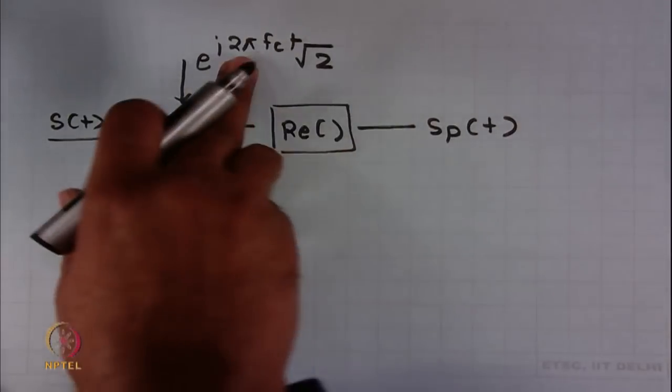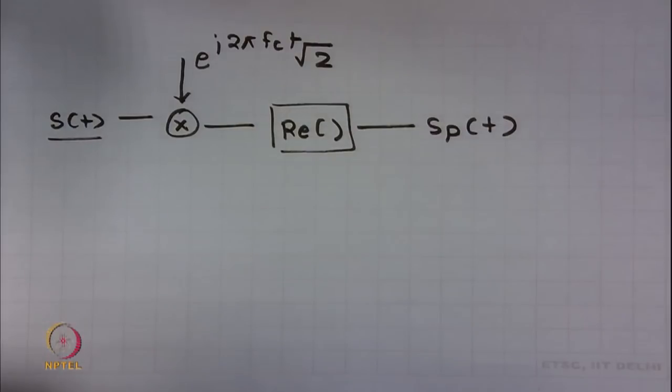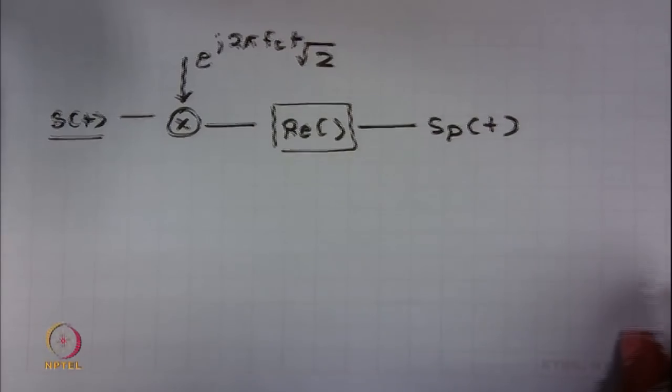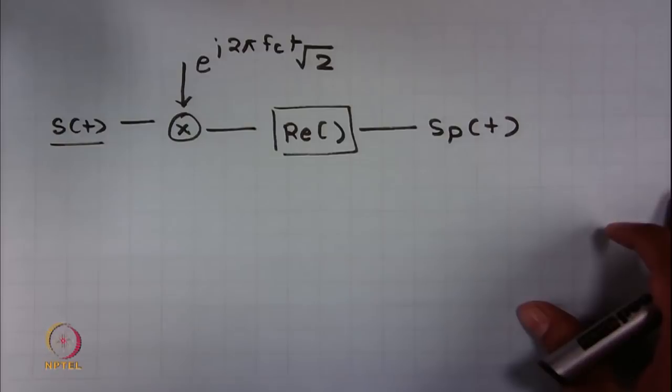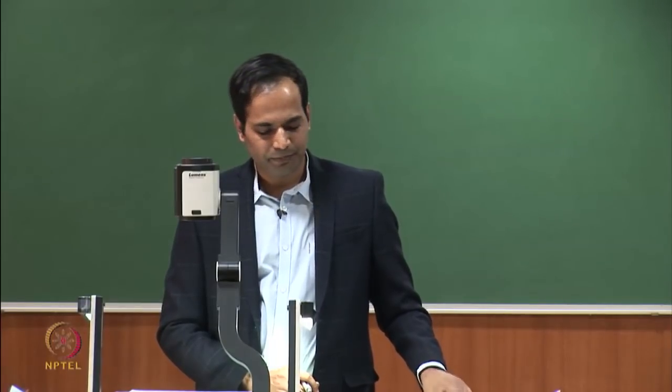So, this is all analytical because this is a complex quantity. We will also see how we do things in reality, but this picture should be remembered and it should be there in your head whenever you are trying to establish the relationship between passband and baseband signals.